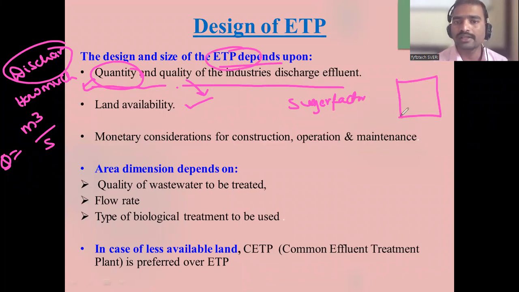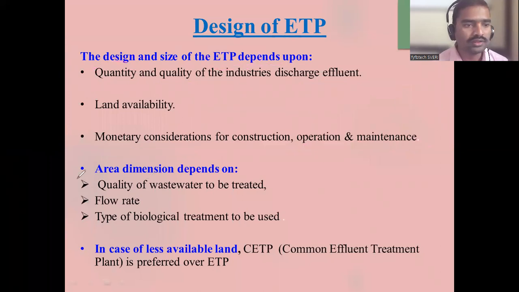If you have large land, you can go for larger construction. If you have very small land, then you can compact your construction. And monetary considerations for the construction, operation and maintenance.